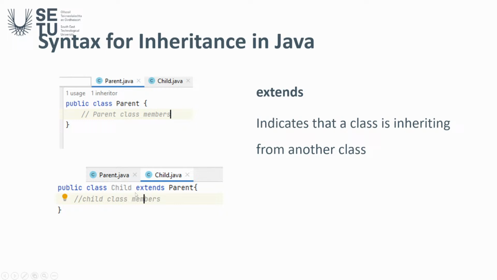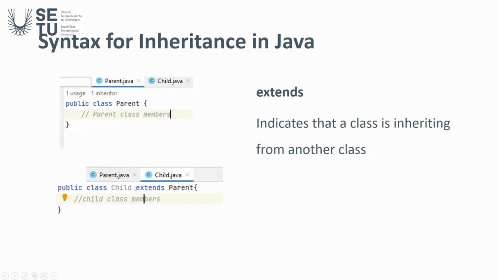Well, now we're introducing this new keyword, extends, and we're saying create this class and it's going to extend another class. So if this was the name of our superclass or parent class, then we're saying public class child extends parent. Again, these are just names of classes.